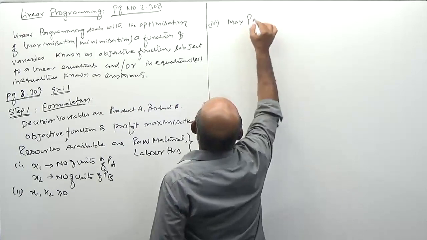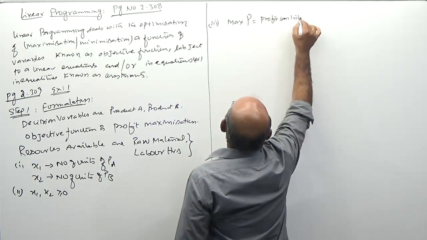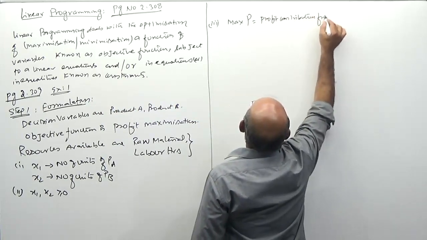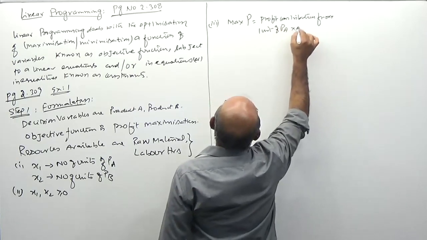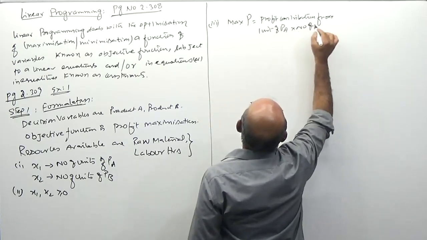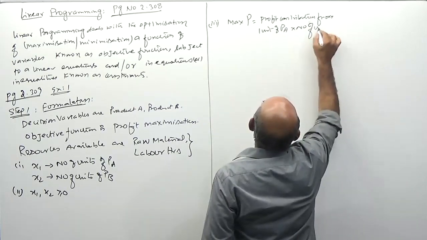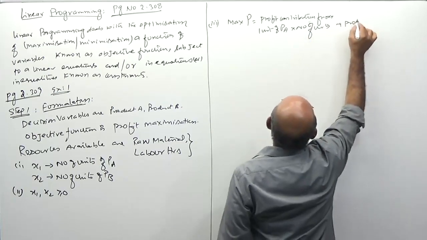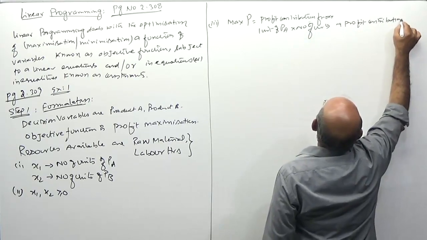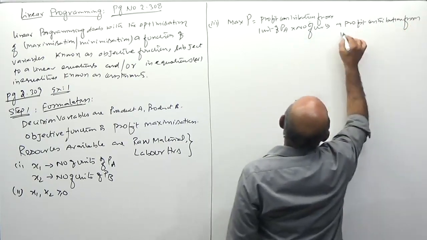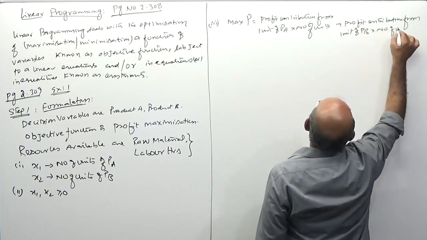Maximize profit is equal to profit contribution from 1 unit of product A into number of units plus profit contribution from 1 unit of product B into number of units.